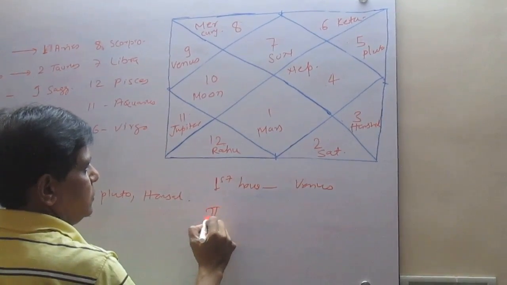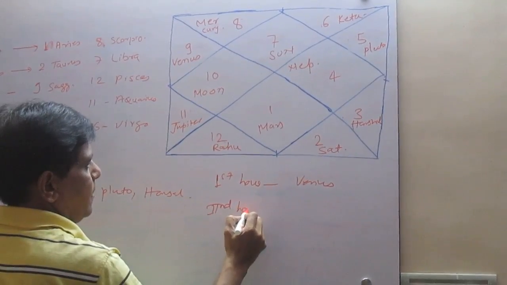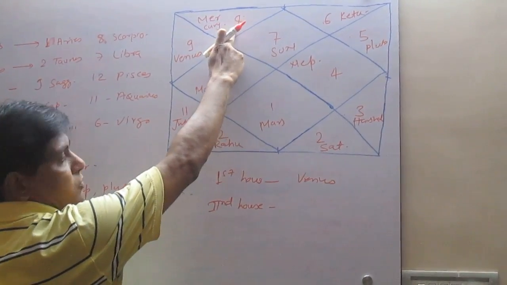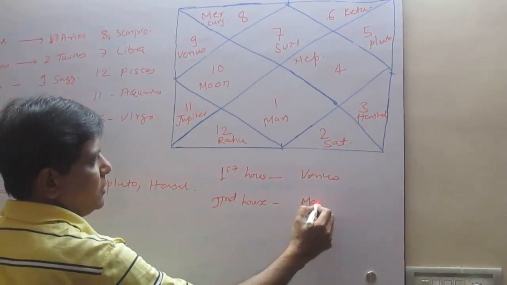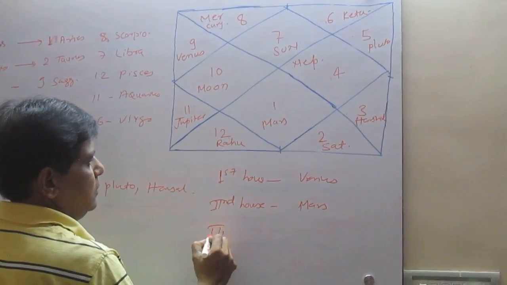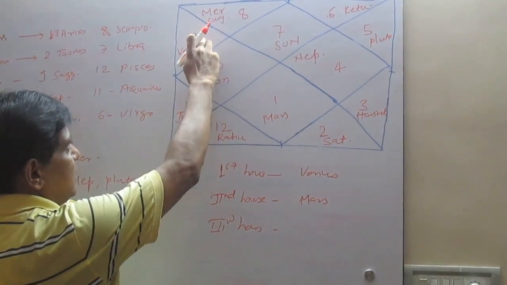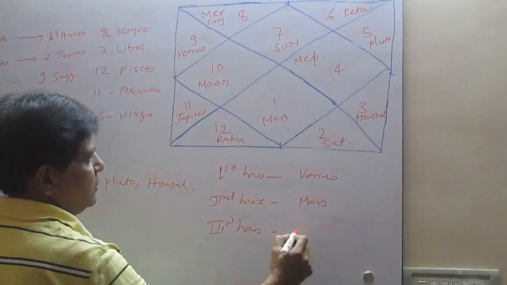In the second house, 8 number Rashi, Scorpio is present. Owner of the Scorpio is Mars. So owner of the second house is Mars. In the third house, 9 number is present, which is Sagittarius. Owner of the Sagittarius is Jupiter.